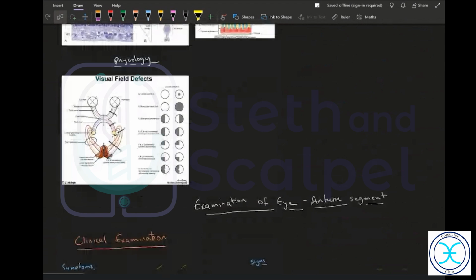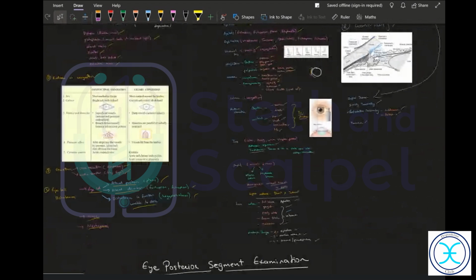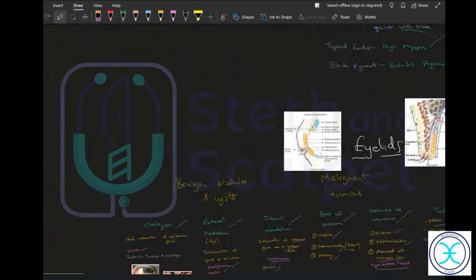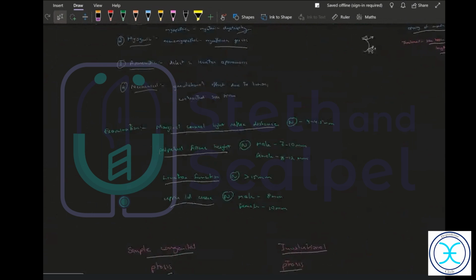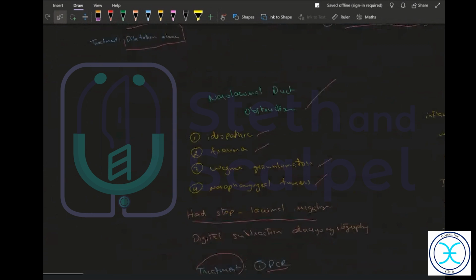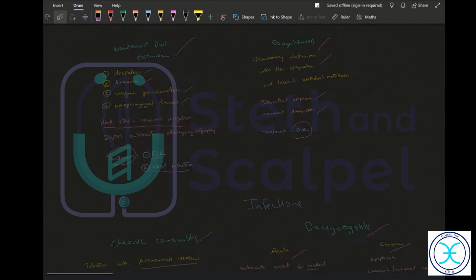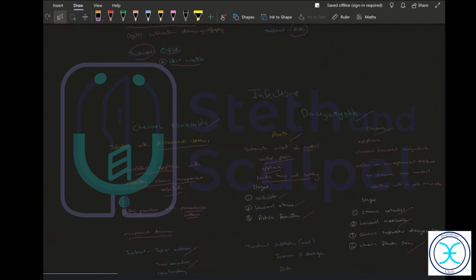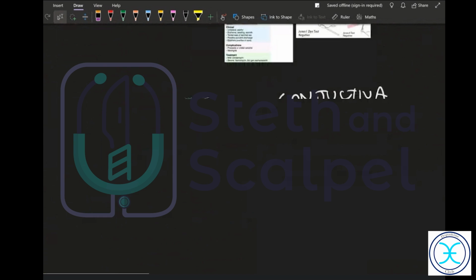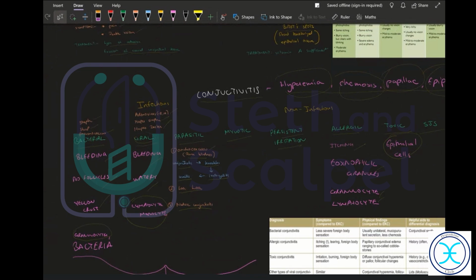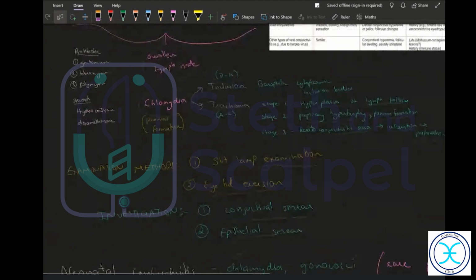So what is the uveal tract? Iris, ciliary body, choroid. Yeah, so you split it into anterior and posterior. Whatever is in front of the lens you take as anterior, and what is behind will be posterior. Then you have this very important condition known as uveitis.